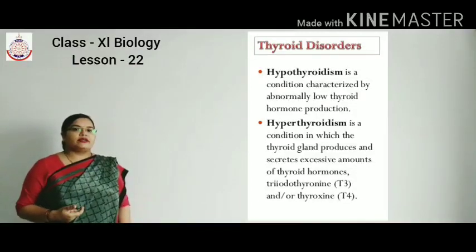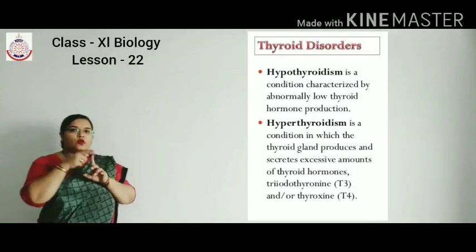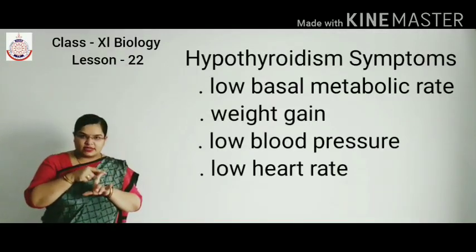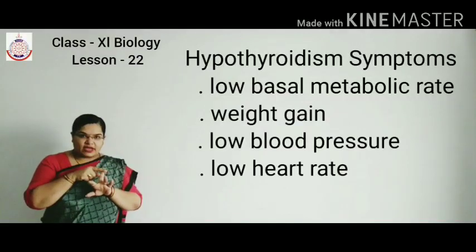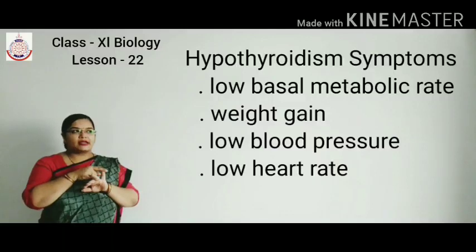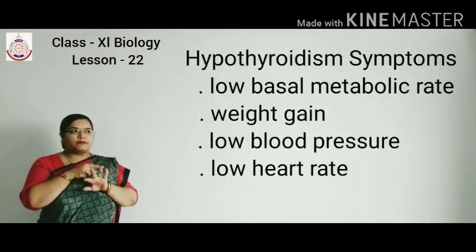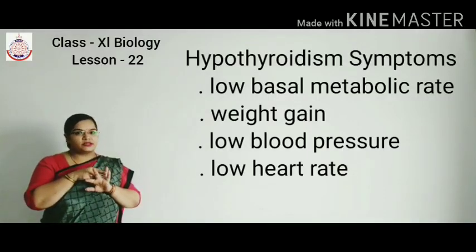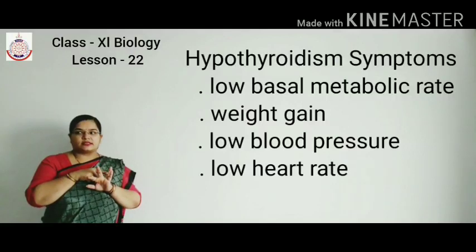During hypothyroidism, the basal metabolic rate of the person decreases, person will gain weight, will have low blood pressure, and will feel sleepy. And low blood pressure means that the heart rate of the person also decreases.